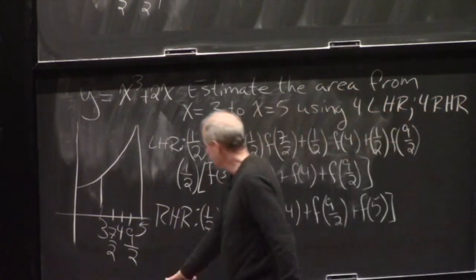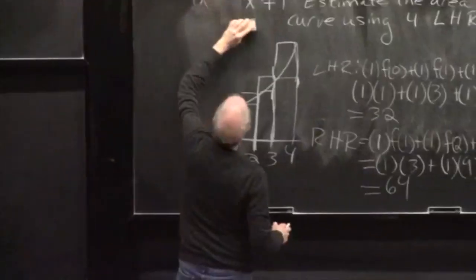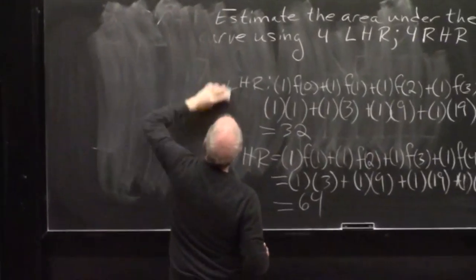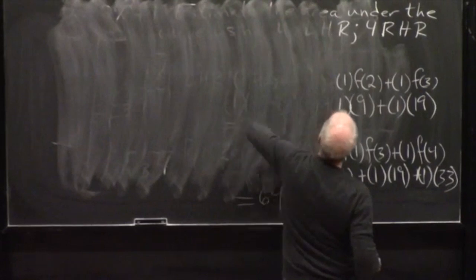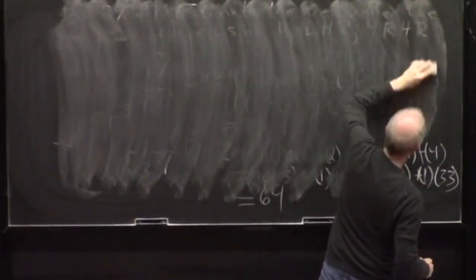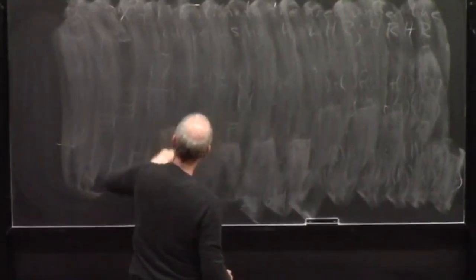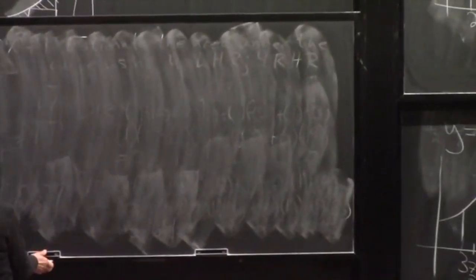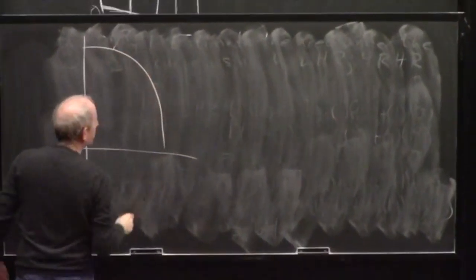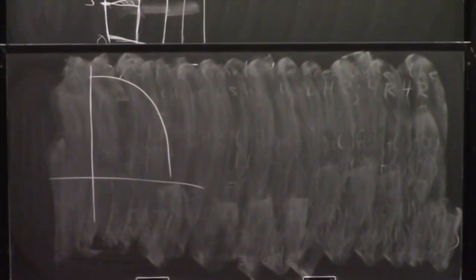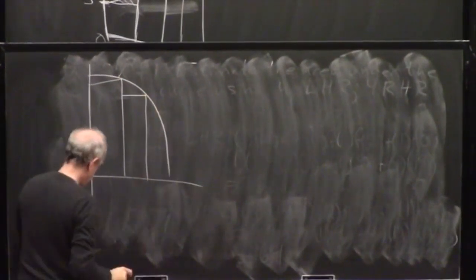Now, somebody asked me earlier, so left hand is always less and right hand is always bigger. Well, not necessarily. That's what the curve looks like. Suppose you had a curve where you're going down, like that. Okay? Now when you draw the rectangles, well, bad example.